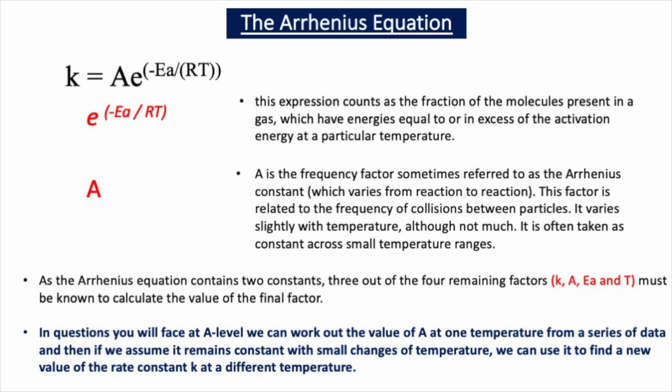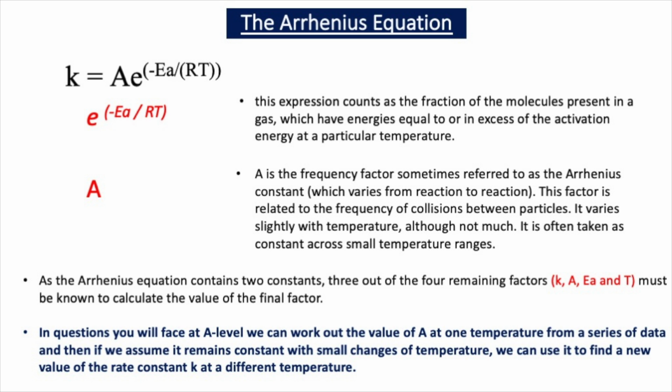Now the Arrhenius equation contains two constants, e and R, and 3 out of the 4 remaining factors, K, A, EA, and T, must be known to calculate the value of the final factor. Now in questions you will face at A level, we can work out the value of A at one temperature from a series of data, and then if we make the assumption it remains constant with small changes of temperature, we can use it to find a new value of the rate constant K at a different temperature.